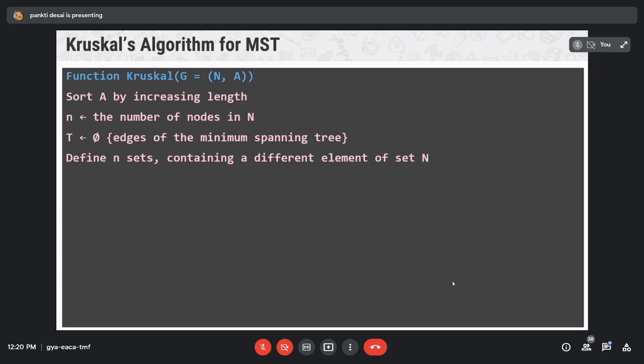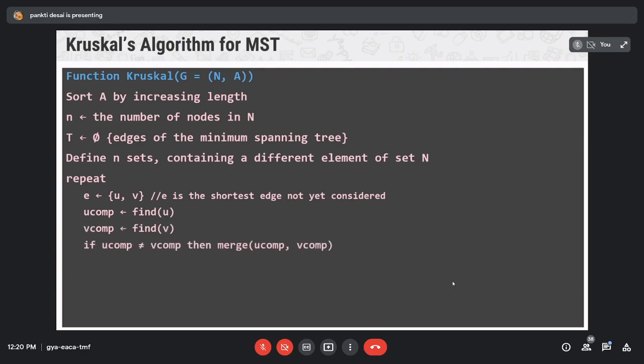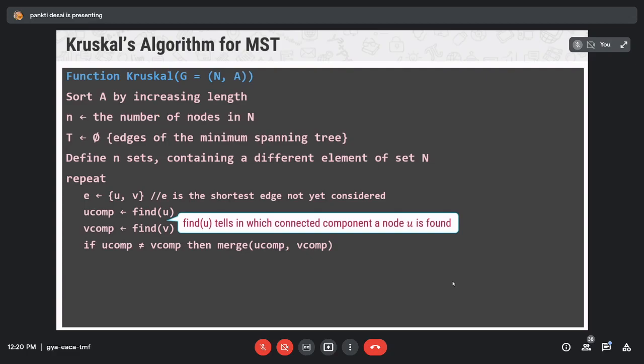Now define n sets containing a different element of set N, right? Then e is equal to (u, v), where e is the shortest edge not yet considered, right? Initially. Then find u and find v, right? If ucomp not equal to vcomp, then merge ucomp and vcomp, right? This find u tells us in which connected component a node u is found, right?